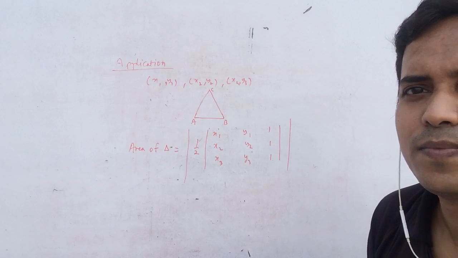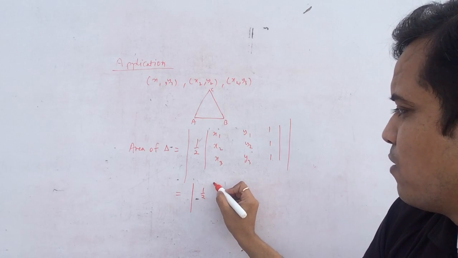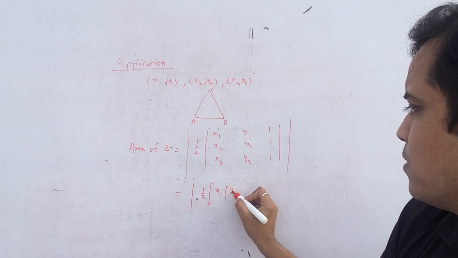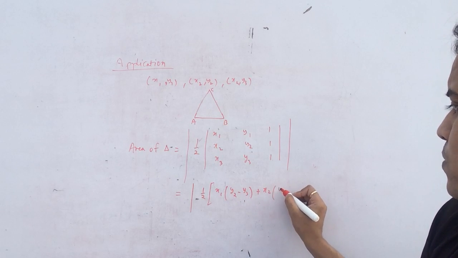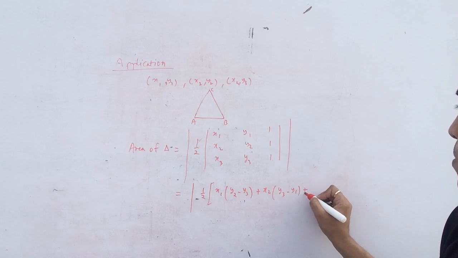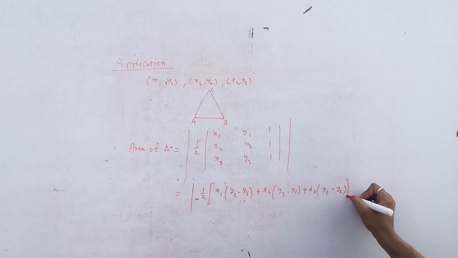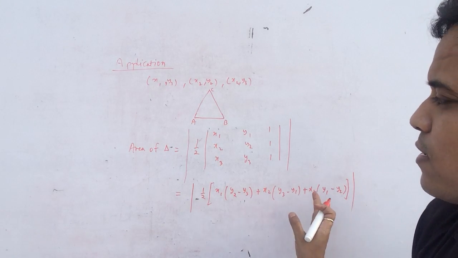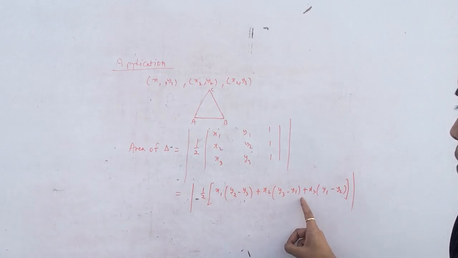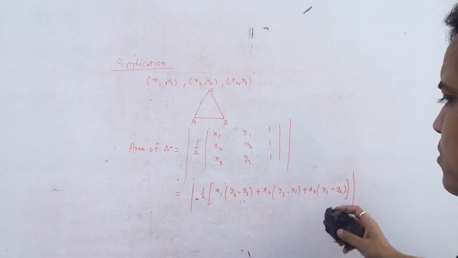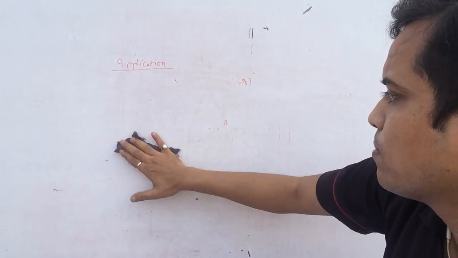Okay, when you expand it, what would you get? Mod of half in a cyclic order, x1 (y2 minus y3) plus x2 (y3 minus y1) plus x3 (y1 minus y2). You will get the answer in square units. So x 1 2 3, 2 3 1, 3 1 2, this is in cyclic order. So keep this thing in mind.